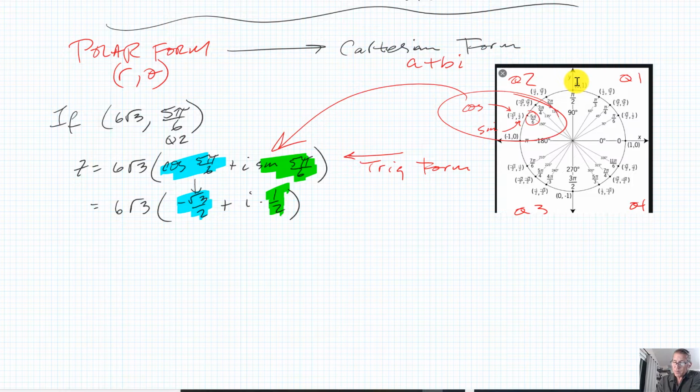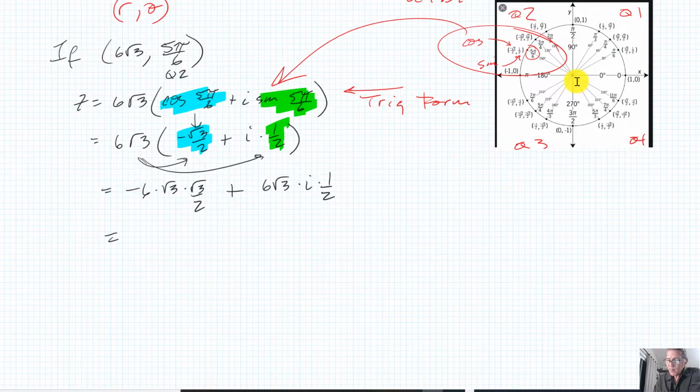And now you distribute. You distribute twice. So what is the number here? I got 6 times negative 1, which is negative 6, times rad 3 over 2, plus 6 rad 3 times i times 1/2. So we have to simplify. I multiplied both of them by the 6 rad 3. That's called distributing. And then you simplify.